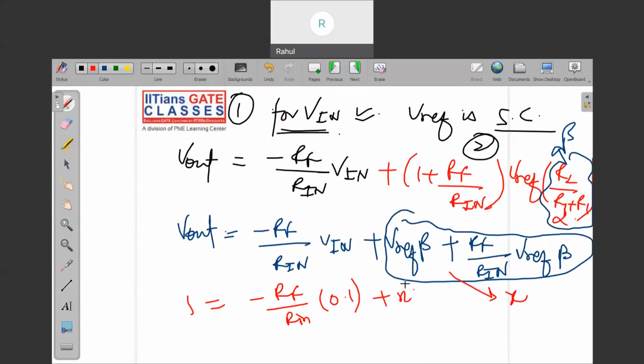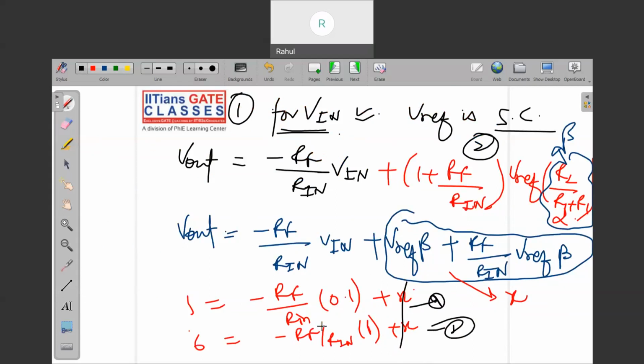And the second equation you will get here is 6 equal to minus Rf by Rin into 1 plus x. Now you can subtract the two, right? This is equation number 1, this is equation number 2. So this will get cancelled, right?